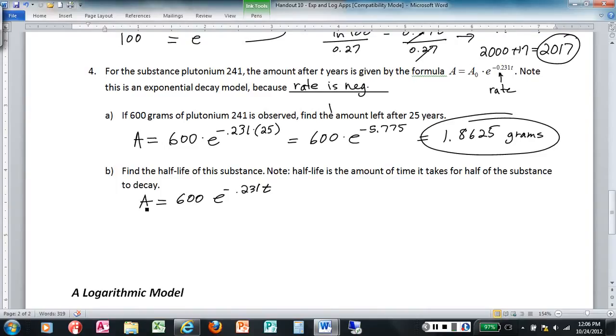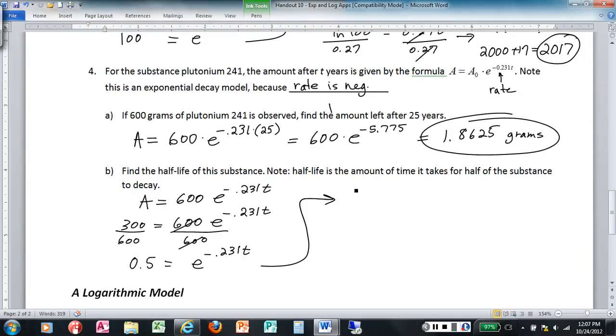So wouldn't that mean A would be 300? A would be 300. So this is the formula that I got. Solving that out, same old, divide through by the 600 to get rid of it on the right. So 300 divided by 600, well, that's 0.5 or a half, and that's going to equal e to the negative 0.231t.